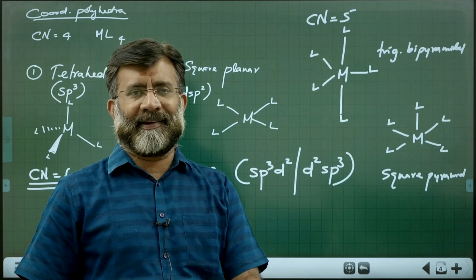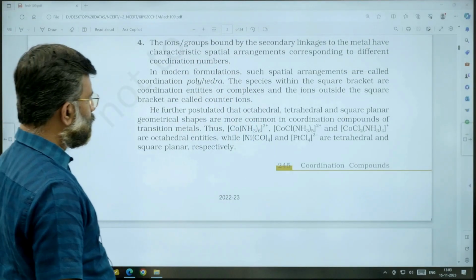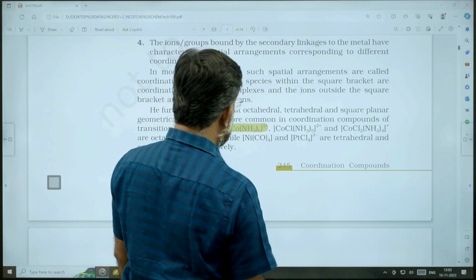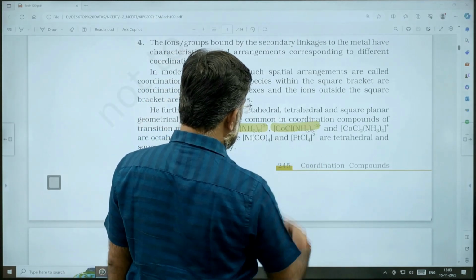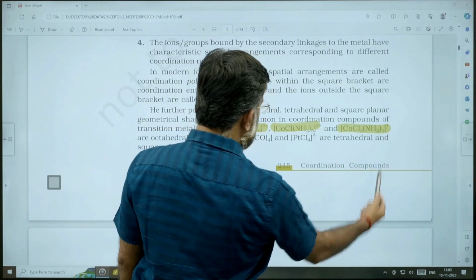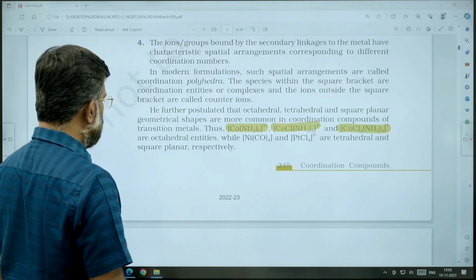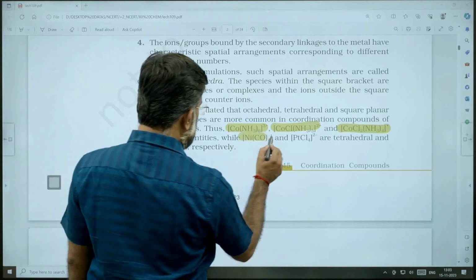By simple analysis we can understand this is an octahedral complex, this is again an octahedral complex, 5 ammonia 1 chlorine, and this is again octahedral, 4 ammonia 2 chlorine. This is a tetrahedral complex.